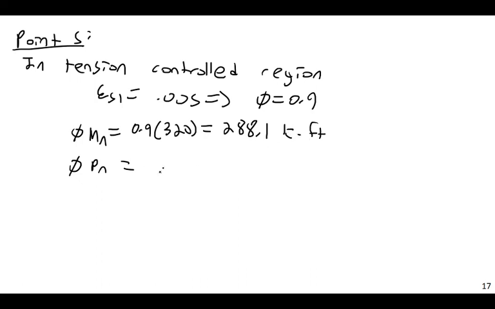Kip-feet, and then for the Pn, 0.9 times 195.6, and this comes to 175.1 kips. And then the final thing we just need to adjust is line 6.